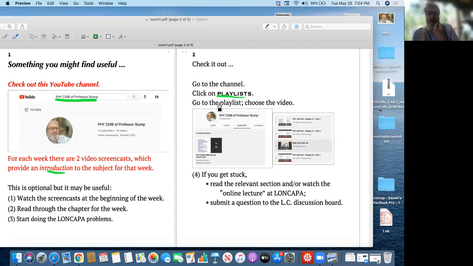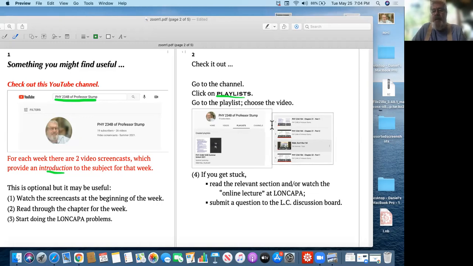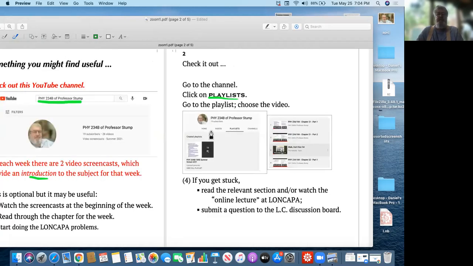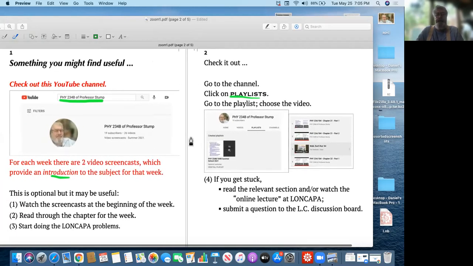The other playlist has recordings of the Zoom meetings. So choose the one which says Summer 2021 and find the chapter that we're working on. This week, I guess it's chapter 21. And you see there are two screencasts with information relevant to chapter 21.